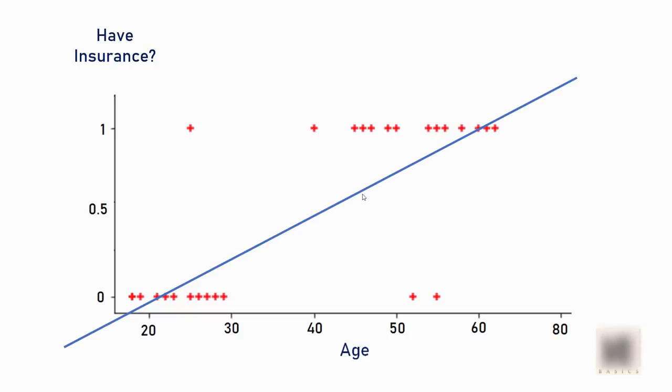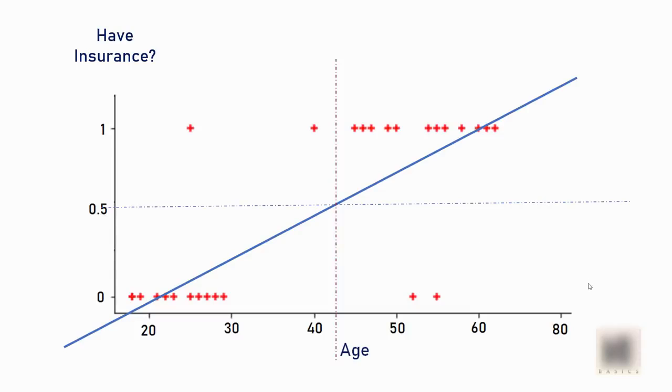If it is less than that, then he is not going to buy the insurance. So anything on the right hand side is yes, anything on the left hand side is no. Now of course we have these outliers, but we don't care about them too much because for 90% of the cases our linear regression will work okay.